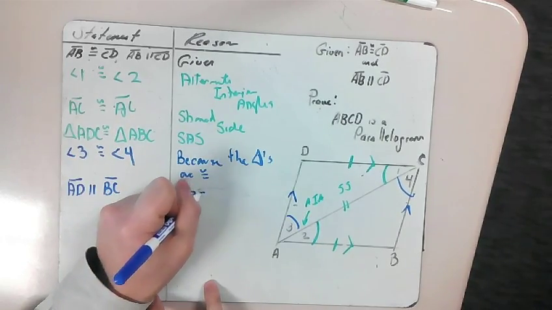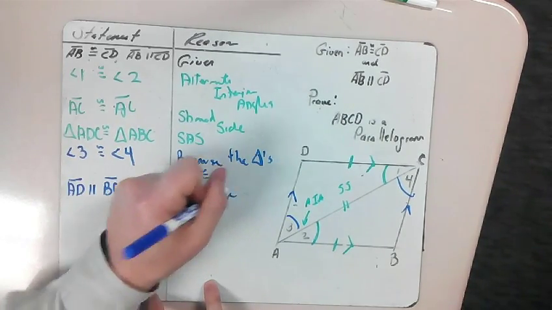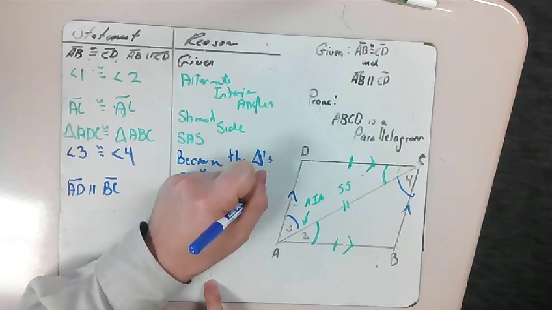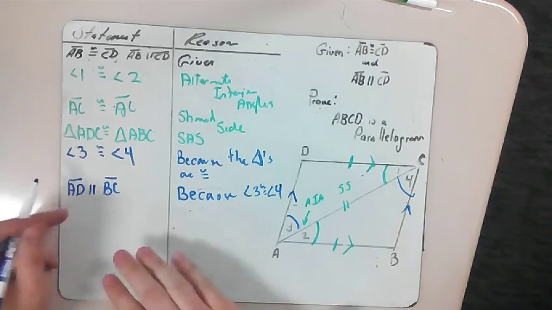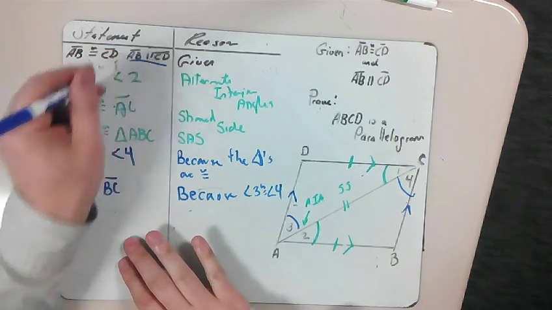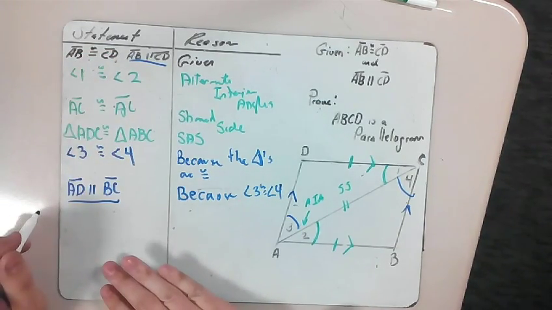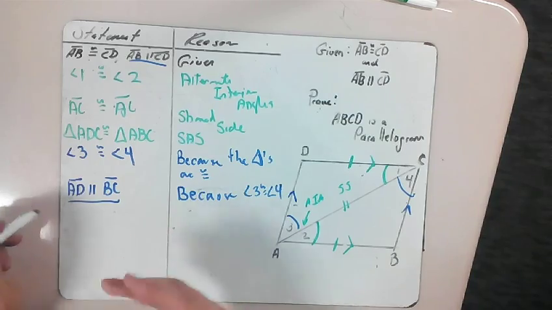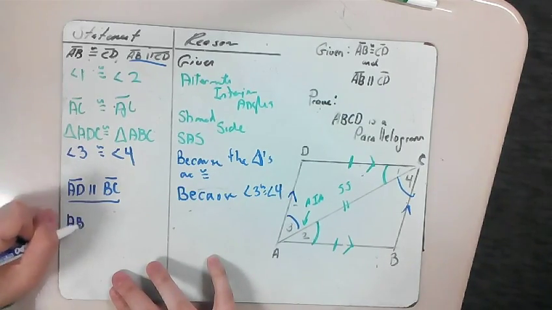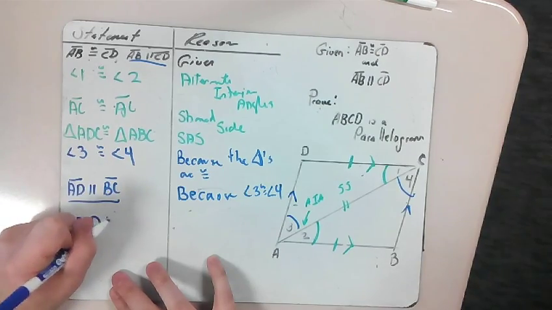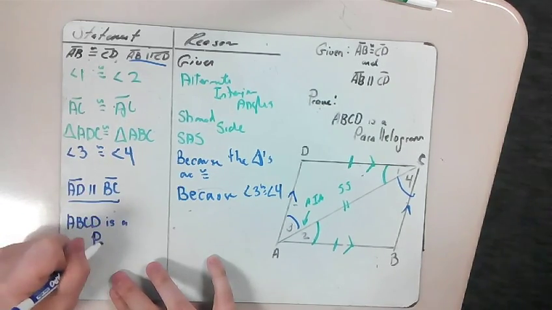So I'm going to say that because angle 3 is congruent to angle 4. Now I have my set of opposite parallel lines.